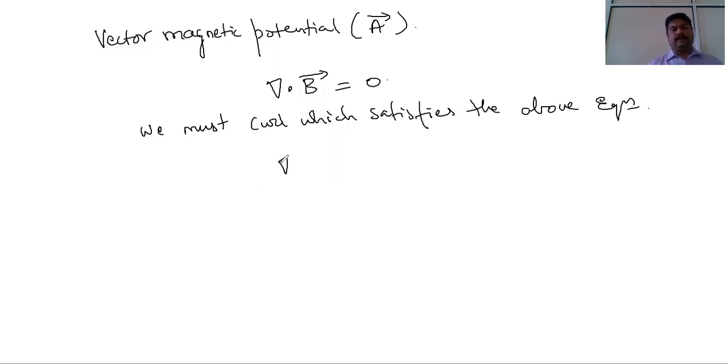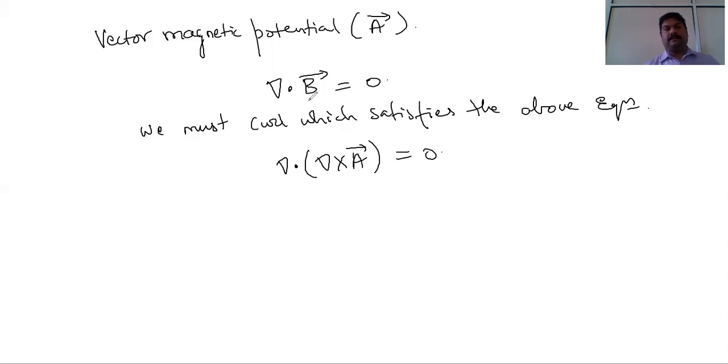Because mathematically it is possible that divergence of a curl is 0, we will have something like this, which satisfies mathematical analysis also. So divergence of a curl is always 0. So what am I doing?